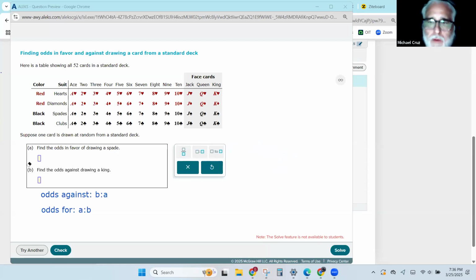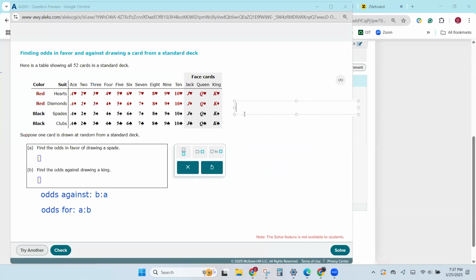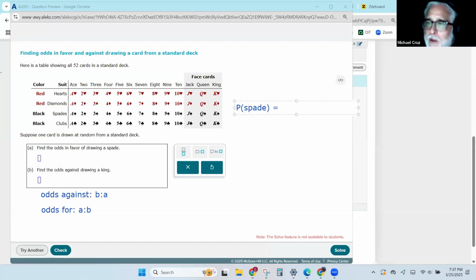All right. So odds in favor of drawing a spade. So we got to find, when we want odds, we got to have the probability of getting a spade and not getting a spade. Would it be 13 over 52? Let's see. You're probably right. It's definitely 52 in the denominator.